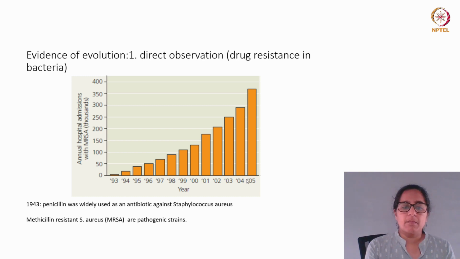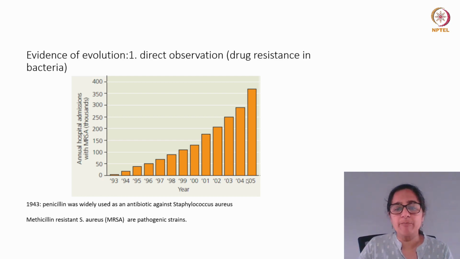So this is a story about Staphylococcus aureus. This is a bacteria which is found on skin and nasal cavities and so forth. But this is a story about how that bacteria over time developed drug resistance, and this is an evidence of evolution, and I'll explain how. Around 1943, they discovered penicillin, which was a very effective antibiotic used to kill Staph aureus.